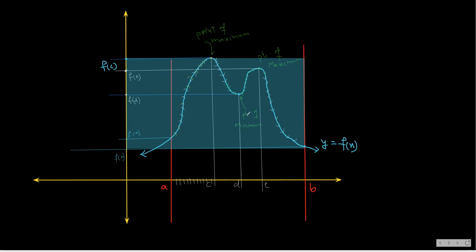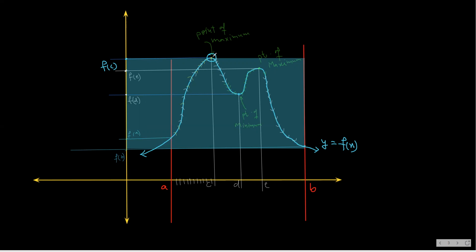I got here the absolute maximum. What is the absolute maximum? The absolute maximum I got at this point. Remember, try to understand, the absolute maximum is happening here. This was a local maximum.